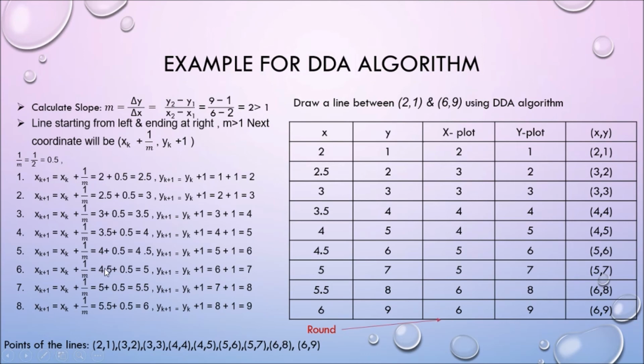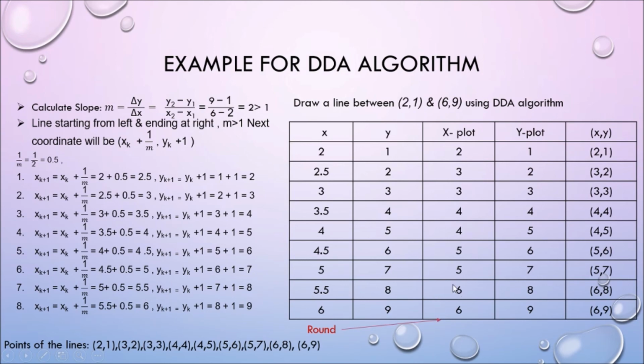Then again we will continue the process, 4.5 plus 0.5 equals 5, and the next coordinate of y will increase by 1 again, and it will be 7. So 5, 7, and we will plot them as they are. We don't need any rounding function. Then xk plus 1 equals 5.5, and yk plus 1 equals 8.